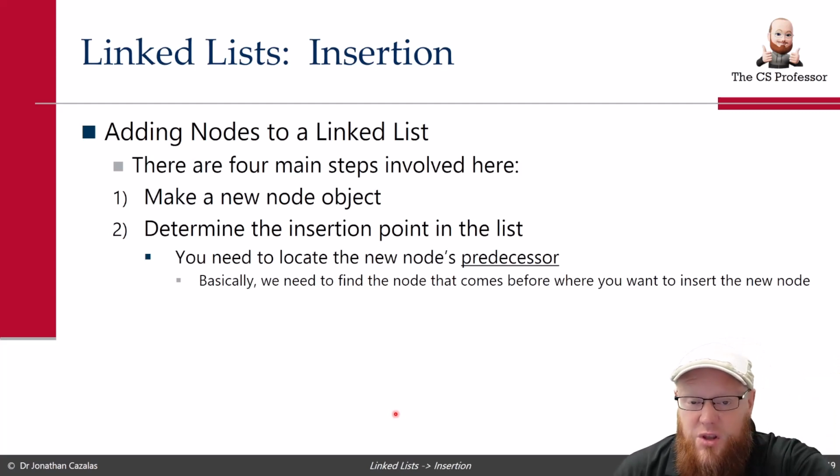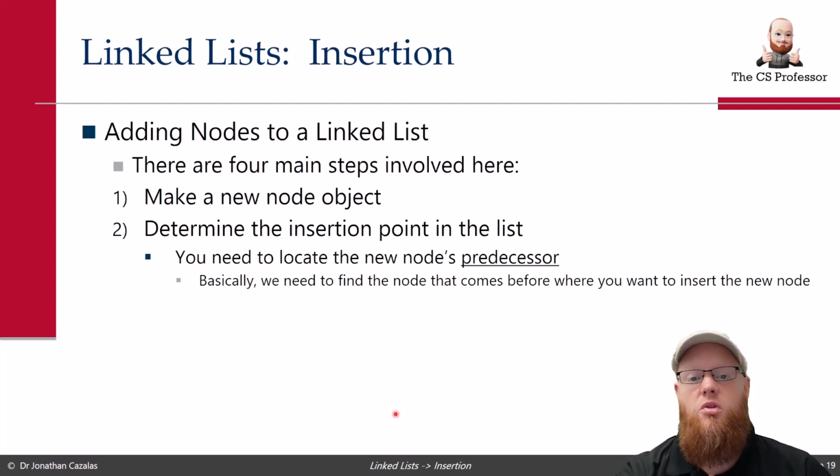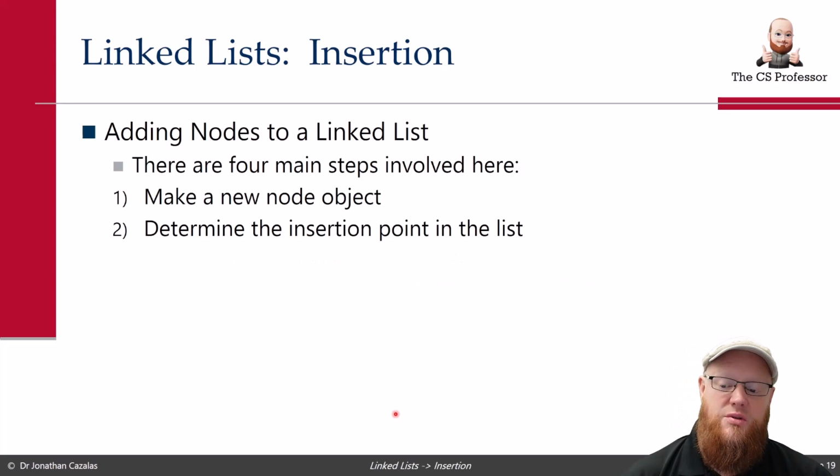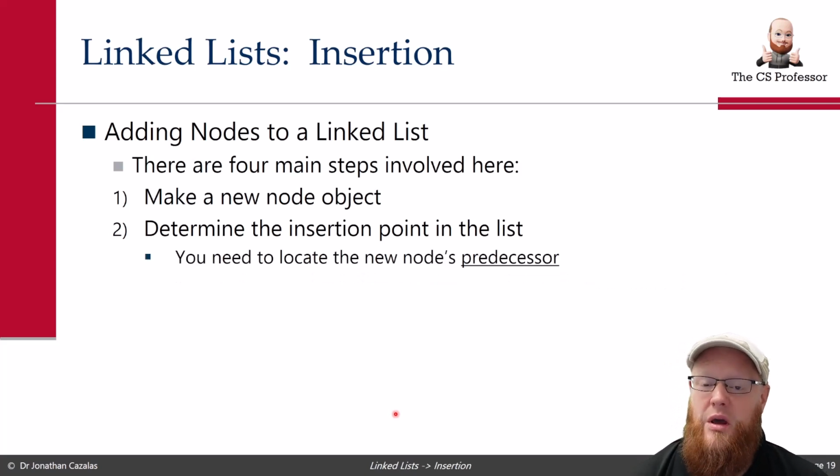Well, after you insert that new node, the node that comes before it is the predecessor. The node that comes after it would be its successor. So when we determine this insertion point, we really need to find who's the node that comes immediately before you. That's the predecessor. And from there, we're going to make some connections.